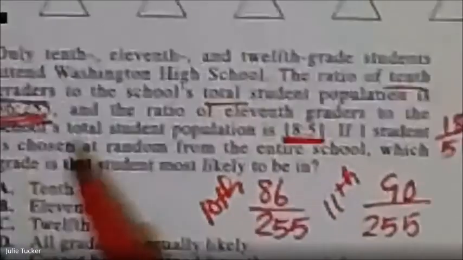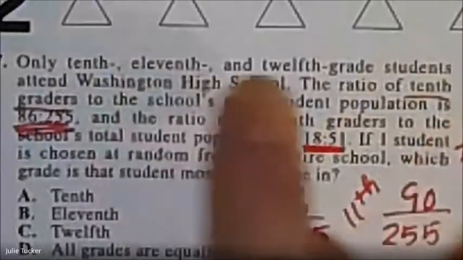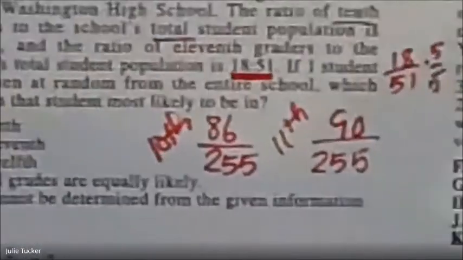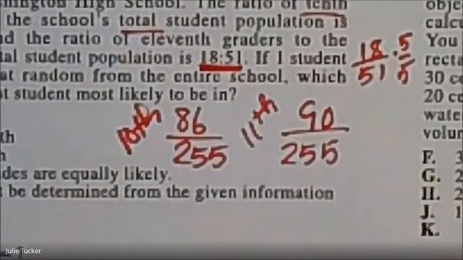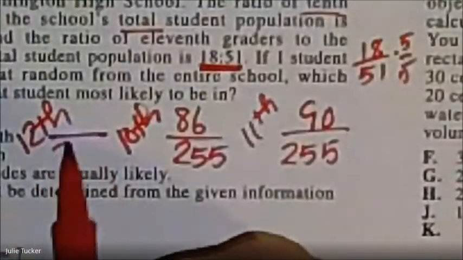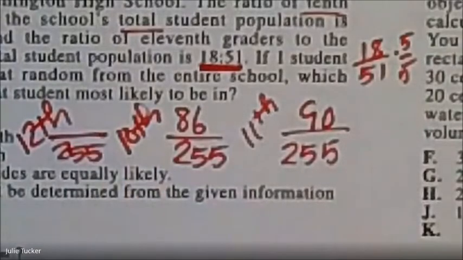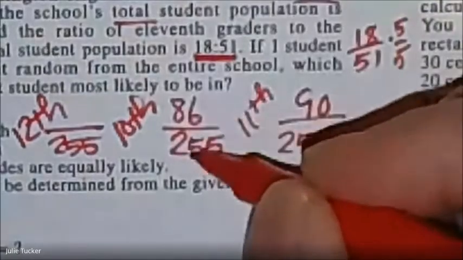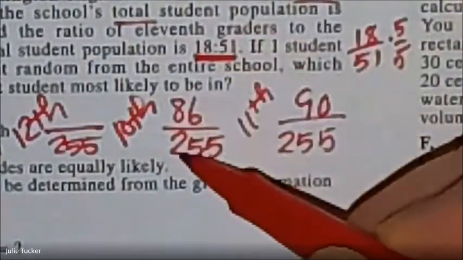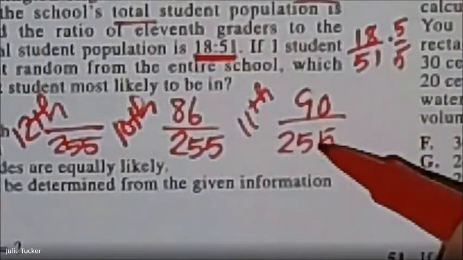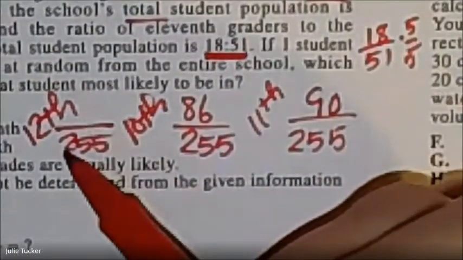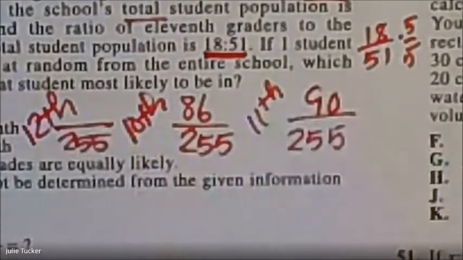Now, it says that the school has 10th, 11th, and 12th grade. It told us the 10th and the 11th totals. So how do we figure out the 12th? Out of 255. So when we make these fractions, we're saying that grade out of the total and that grade out of the total. So we're missing this grade out of the total, but these are all of the grades.